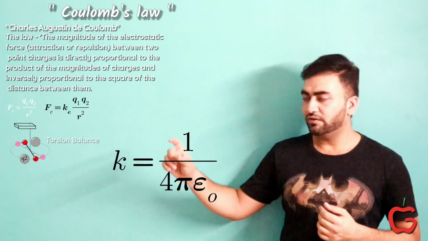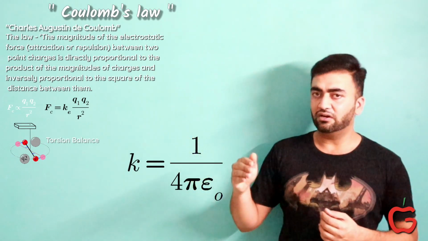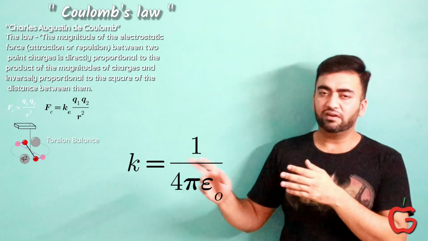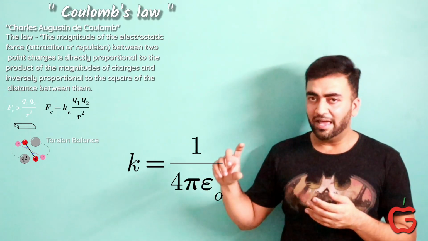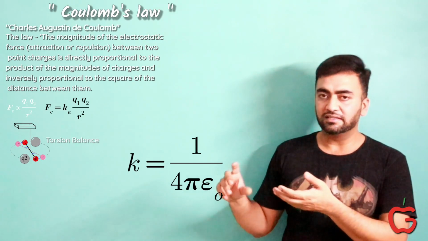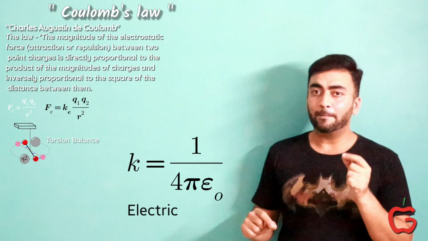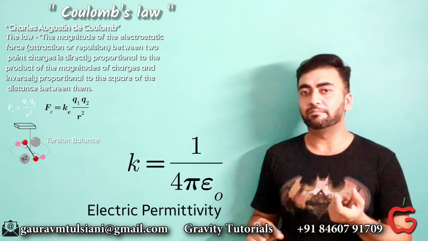Later on it was found that K further consisted of 1 by 4 pi epsilon naught. 4 and pi are constants obviously. Epsilon is a Greek letter. So epsilon is the electric permittivity of the medium.